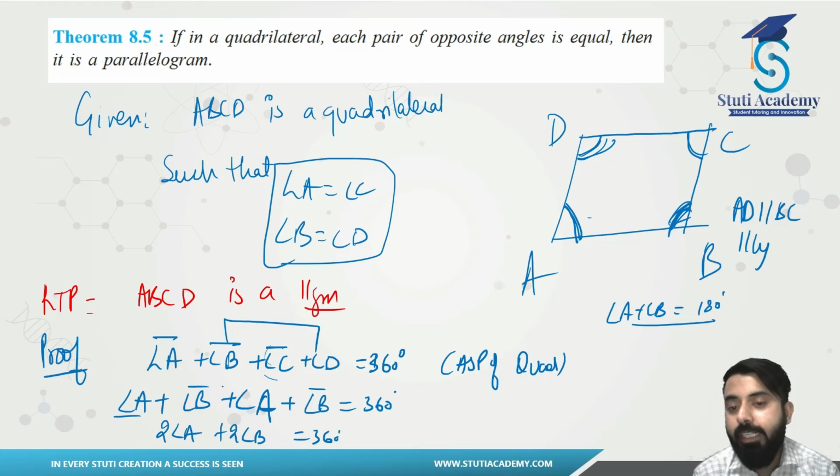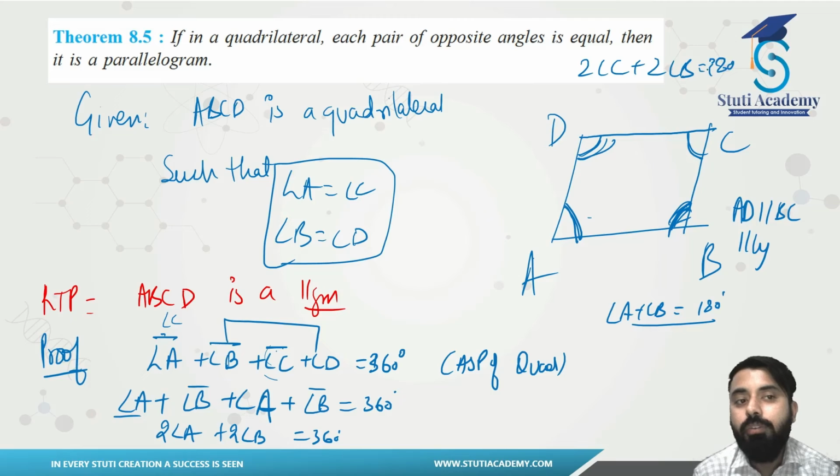Similarly, if you had taken angle A instead of C, you can take angle C and angle B. You can do it accordingly. In place of angle A, you can write angle C. So you can say twice of angle C plus twice of angle B equals 360. Then angle C plus angle B will be 180. You guys see, the sum of these two will be 180.